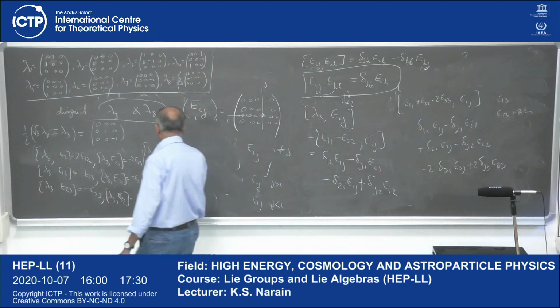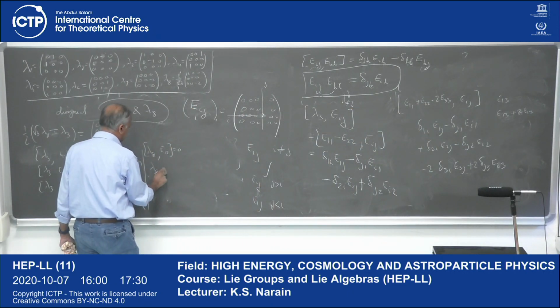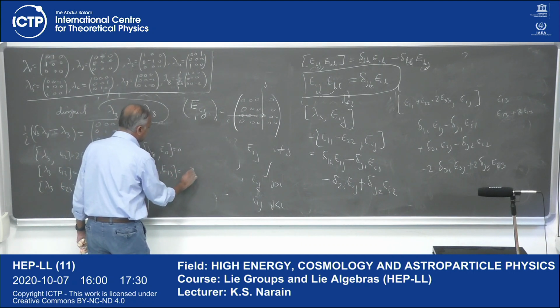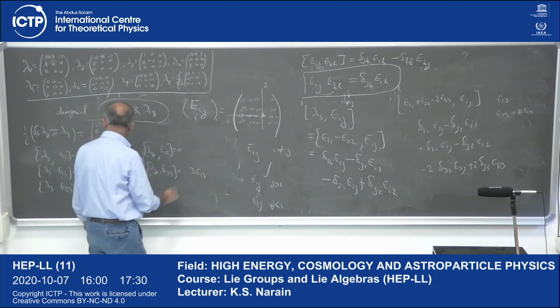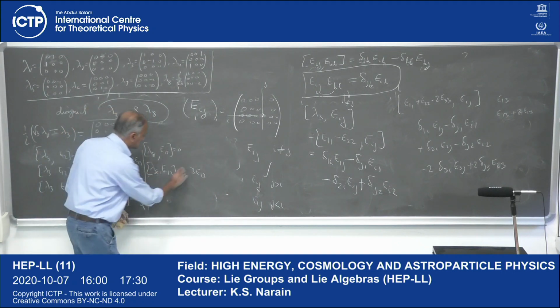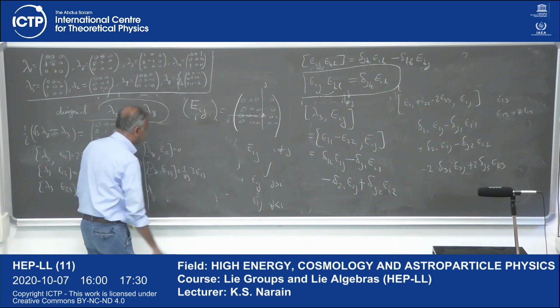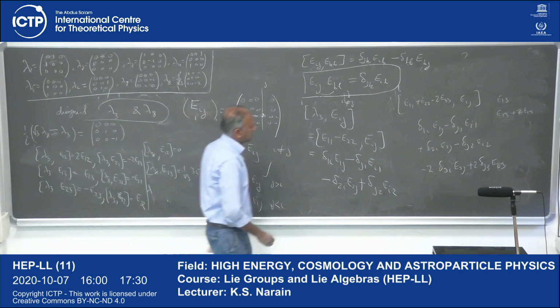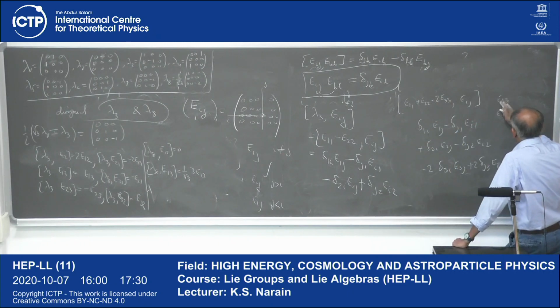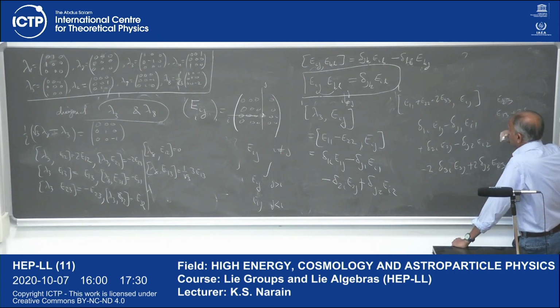So lambda 8 with E13 is 3 E13. But I have to also remember the 1 over root 3 factor in lambda 8. And then finally, we have E23. So from delta 2i, this survives. So you get an E23 from here.